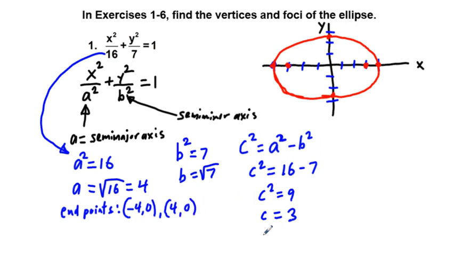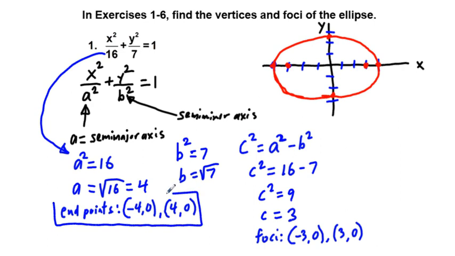And for the foci, they're going to be (-3, 0) and also (3, 0). So those are the values we're looking for in problem number 1.